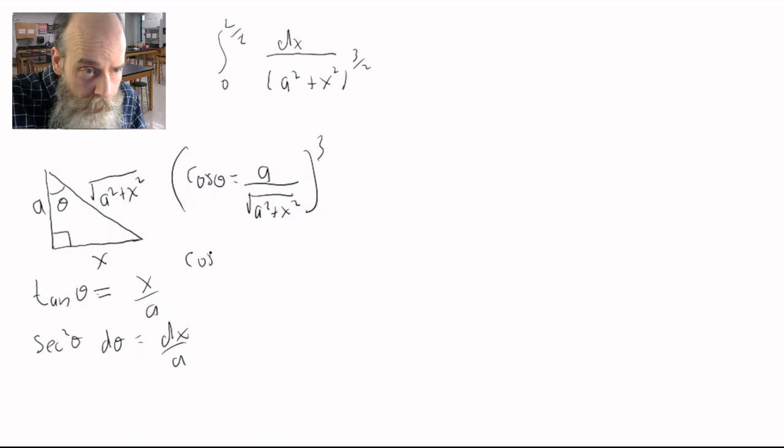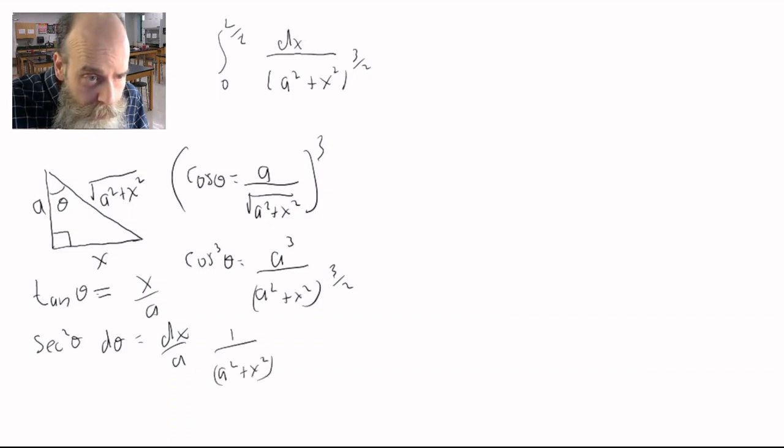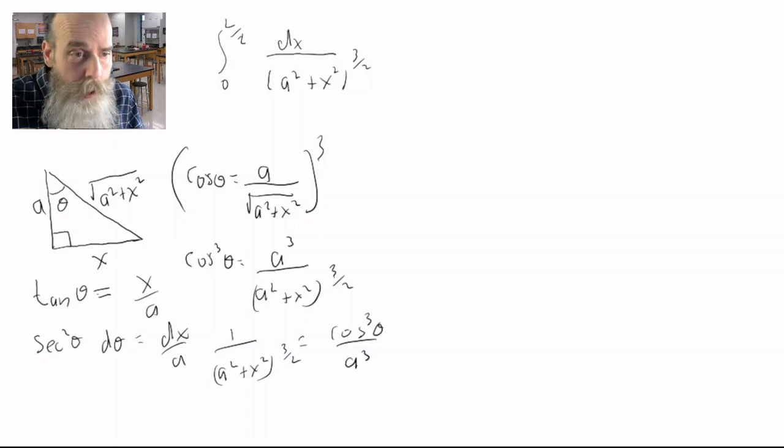We get cos cubed theta equals a cubed over a squared plus x squared to the 3/2. So 1 over a squared plus x squared to the 3/2 equals cos cubed theta over a cubed.